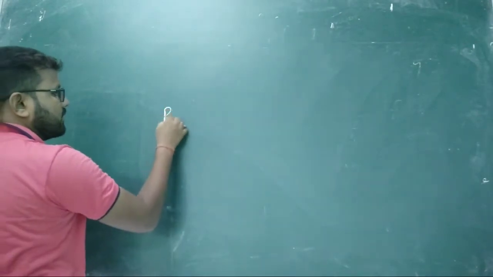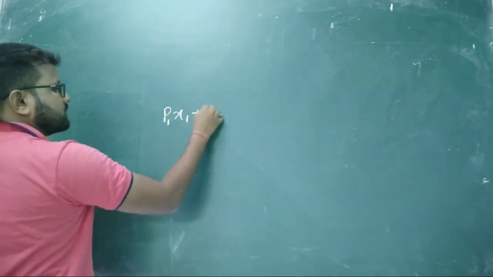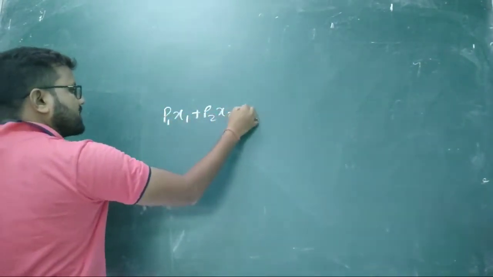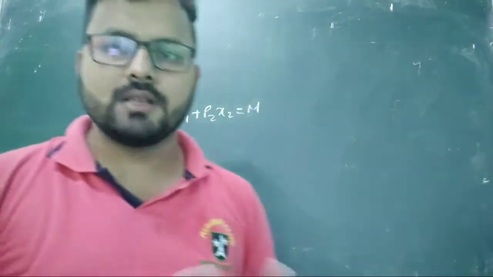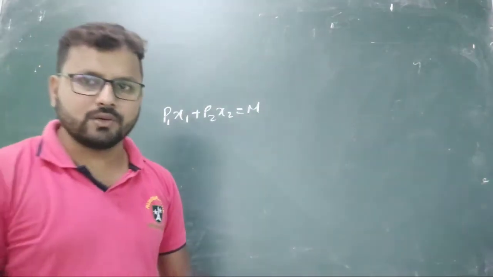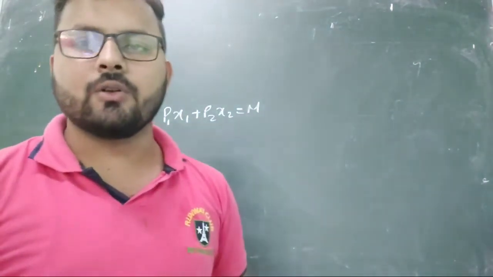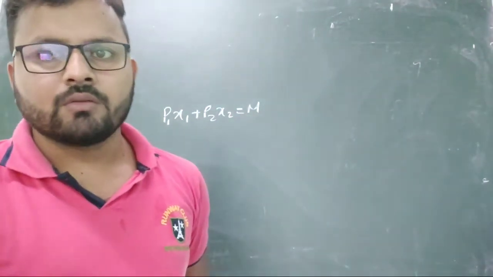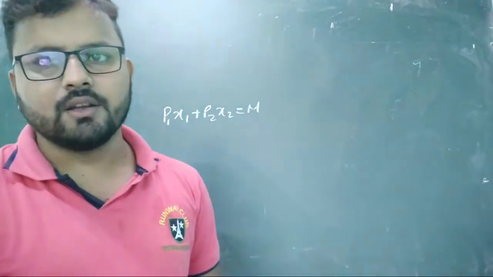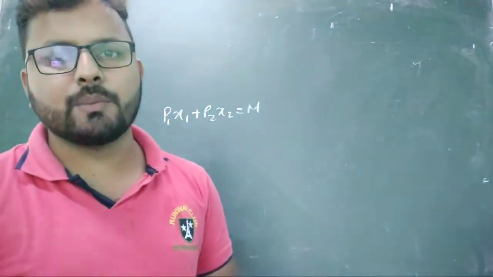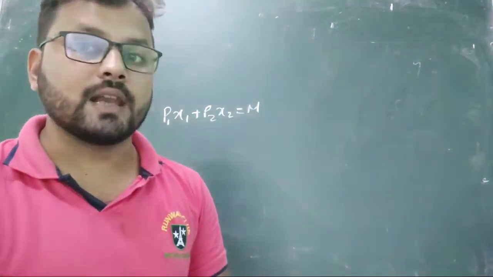That means P1x1 plus P2x2 must be equal to M. And what is a budget line? The linear graphical representation of budget equation is called budget line.